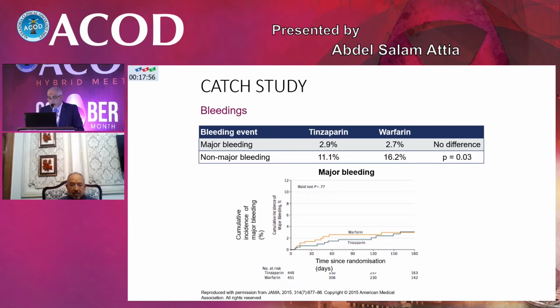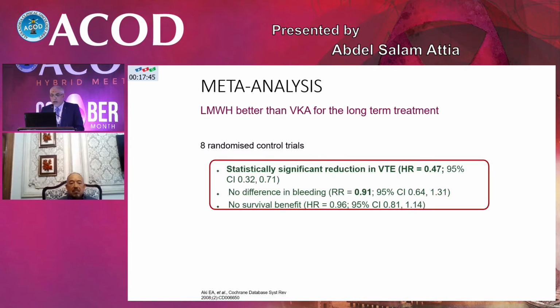The major bleeding, again, as I mentioned, is higher in patients receiving warfarin compared with patients receiving low molecular weight heparin. And this is a meta-analysis showing low molecular weight heparin is better than vitamin K antagonist for the long-term treatment. 8 randomized controlled trials, statistically significant reduction in venous thromboembolism, the hazard ratio more than 50% reduction, no significant bleeding, and no survival benefit.